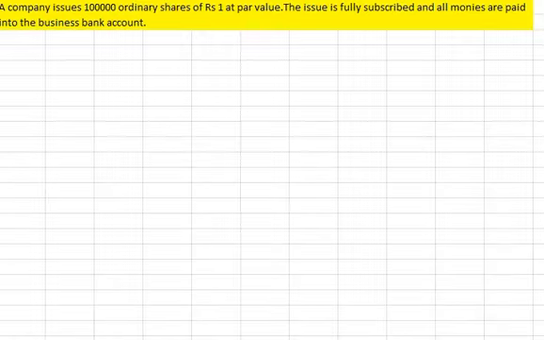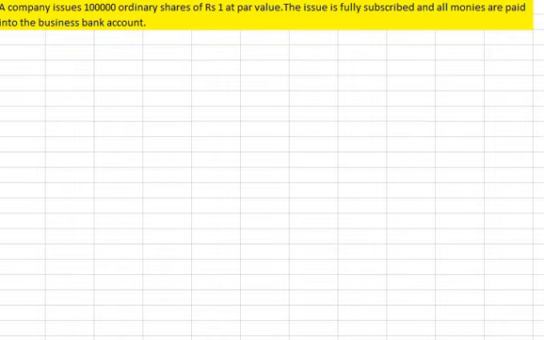So we can do our first question. A company issues 1 lakh ordinary shares of rupees 1 at par value. That means 1 lakh ordinary shares, or equity shares, are issued at rupees 1.